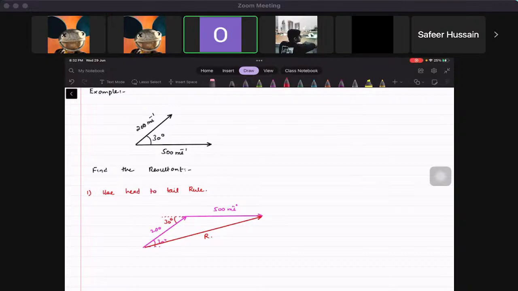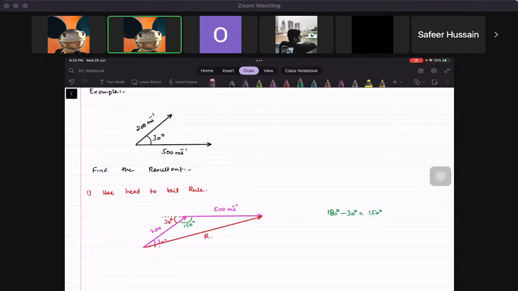Yes. Now, on a straight line, the angle is 180 degrees, which means this angle would be 180 degrees minus 30 degrees. So that is going to be 150 degrees. So we have to find the angle that is exactly opposite of R.